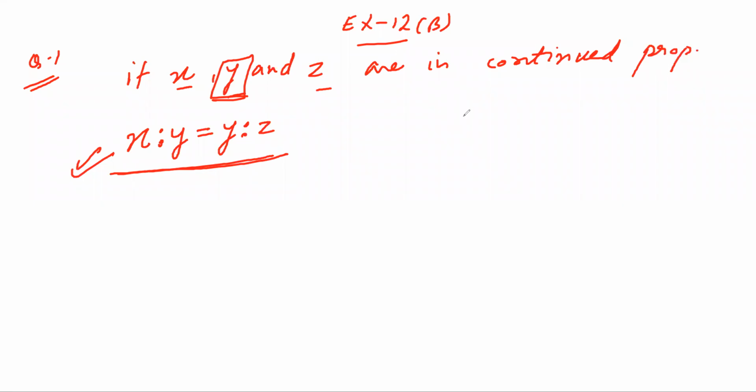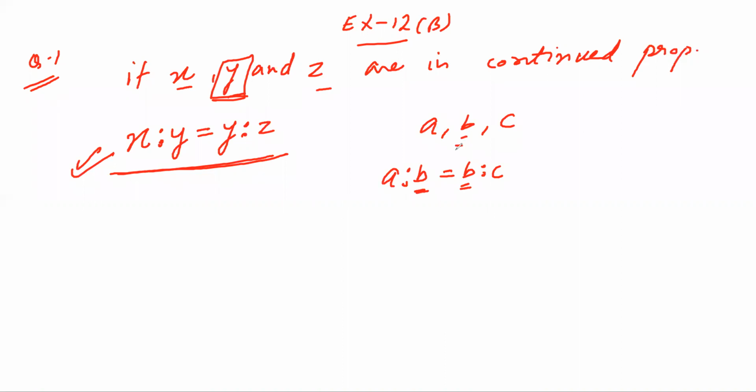For example, let's say A, B, and C are in continued proportion. So you will write A ratio B is equal to B ratio C. You will repeat B 2 times because there are only 3 numbers.